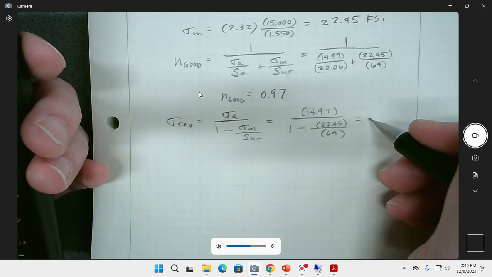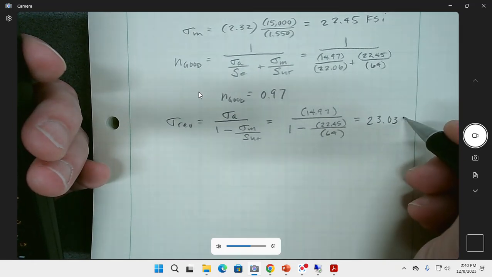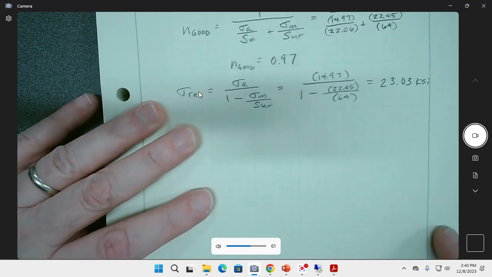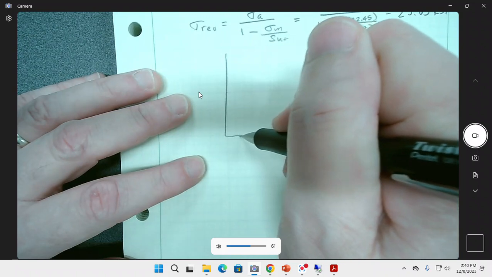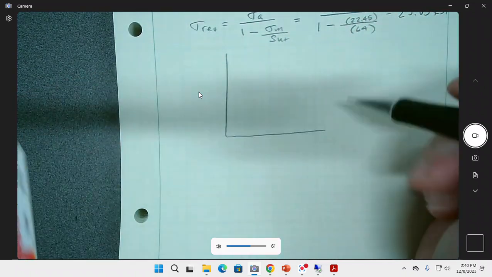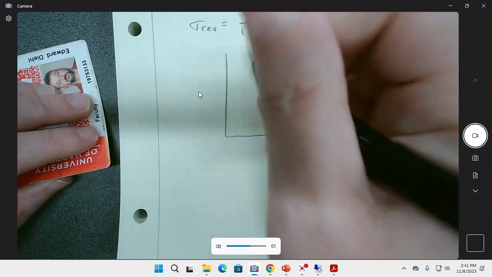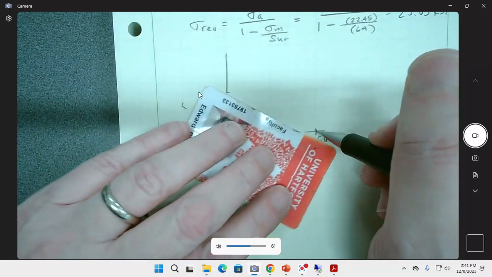So we end up with 23.03 KSI. What that's done for us, on an ultimate strength here and an endurance strength here, here was our Goodman.